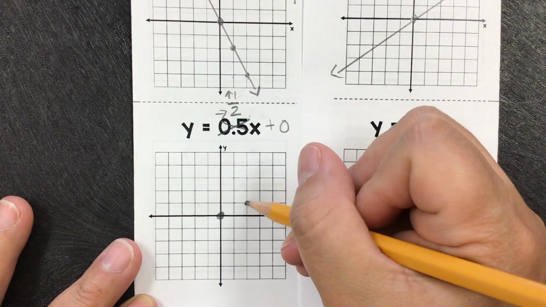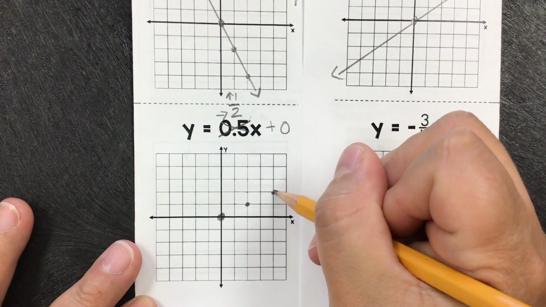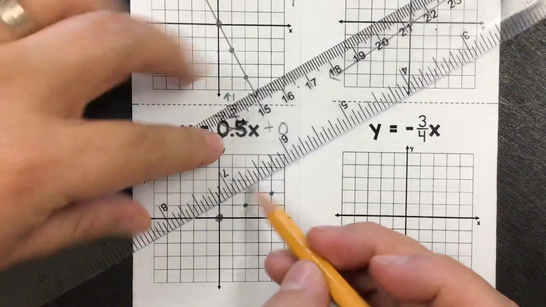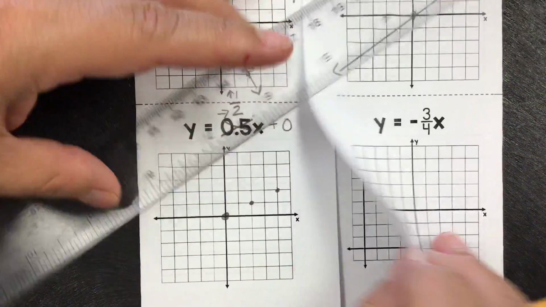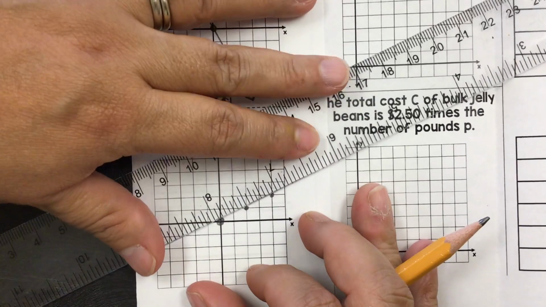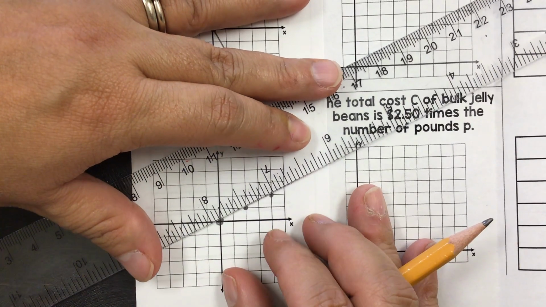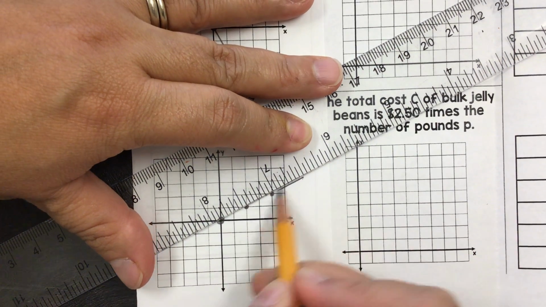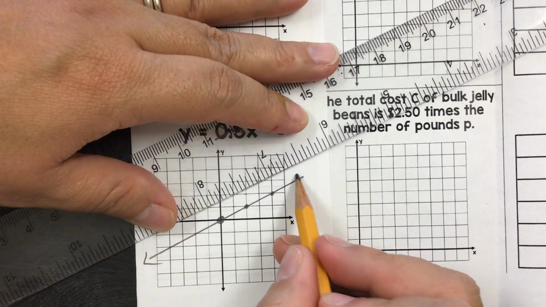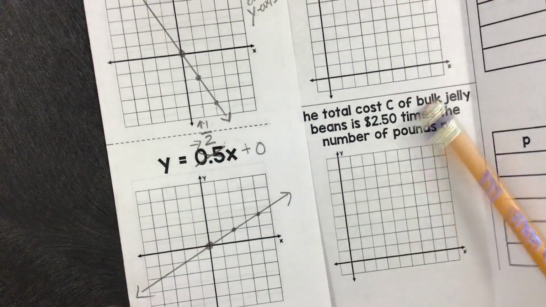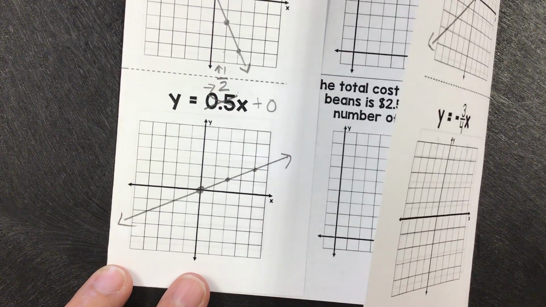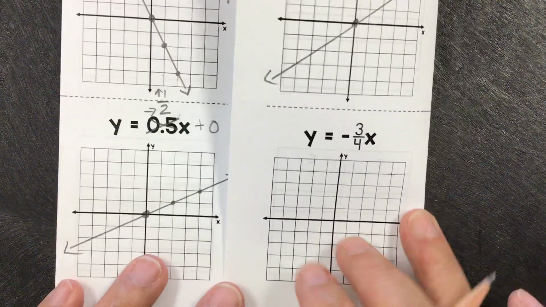We can go again, up 1, to the right 2. And that is the graph of the equation.